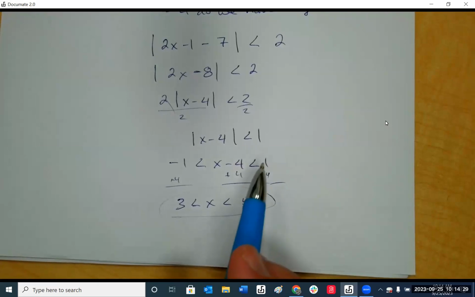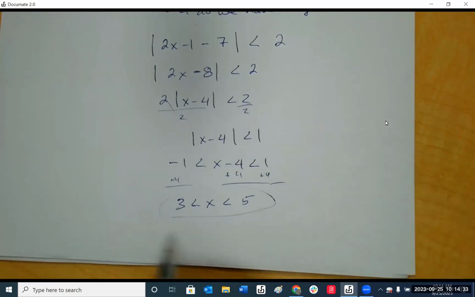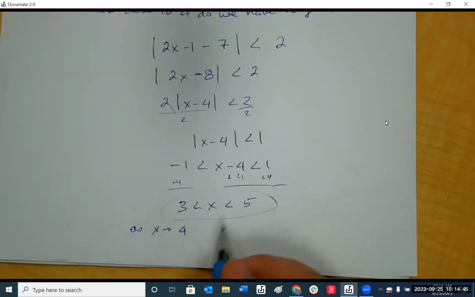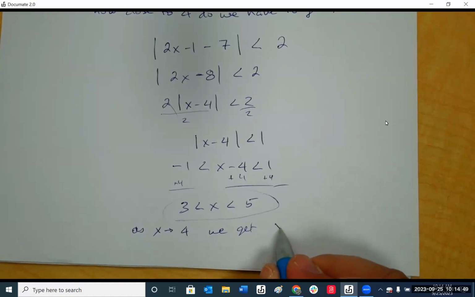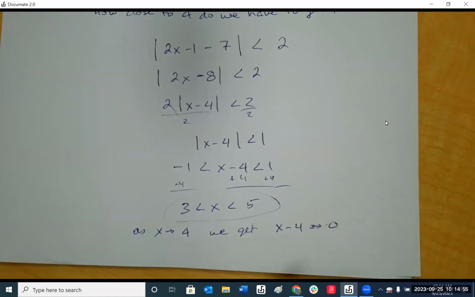So remember, our first question: how close to 4 do we have to get? As x gets close to 4, x minus 4 gets close to 0.